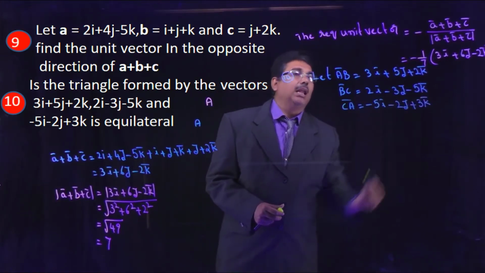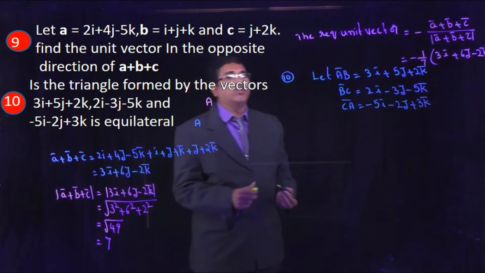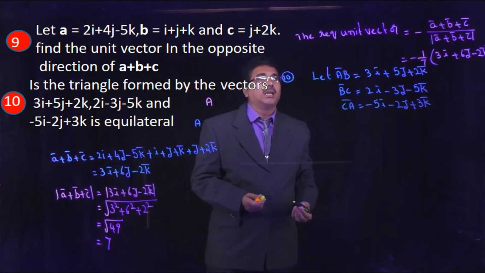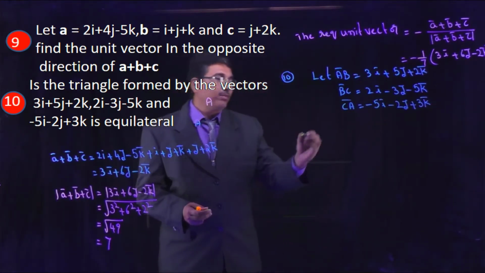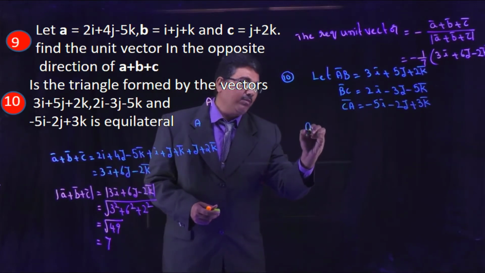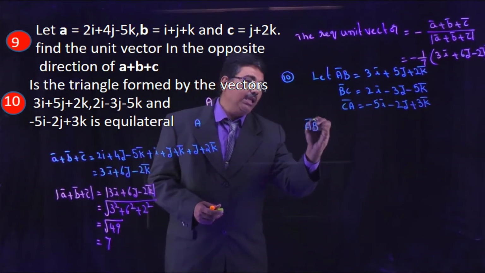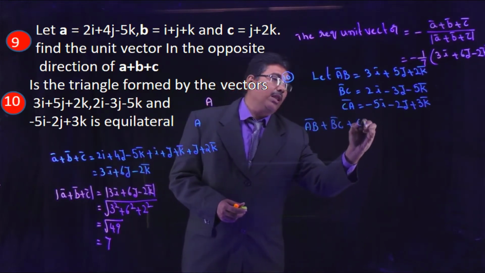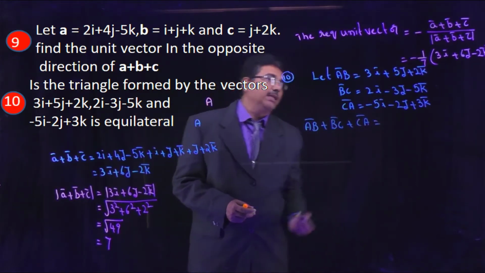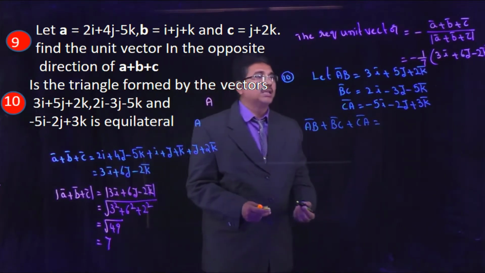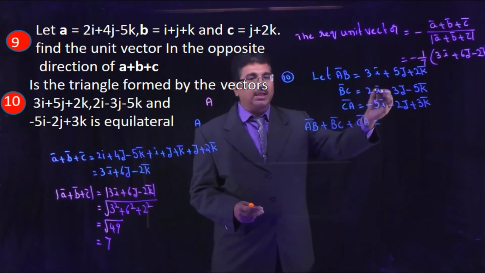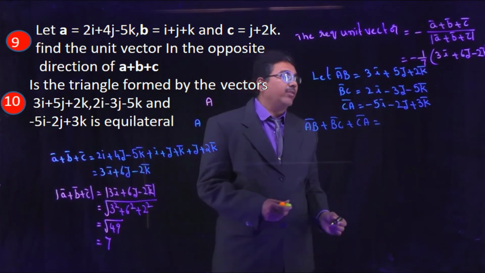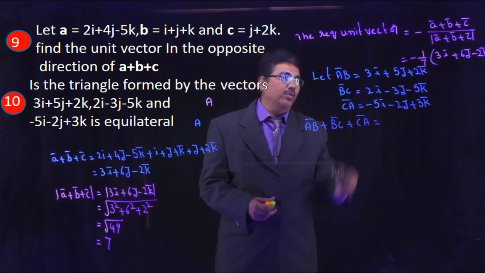Now AB bar plus BC bar plus CA bar is equal to 3i bar plus 2i bar minus 5i bar, that is equal to 0.